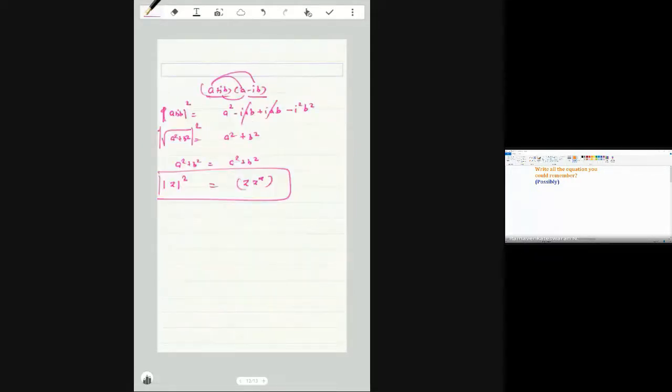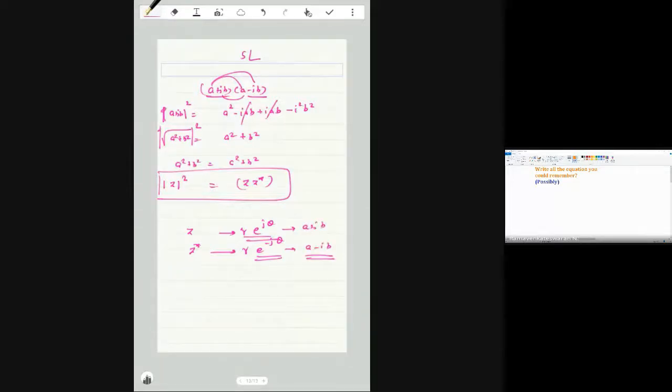For the polar format, let us take a value like r into e power j theta, that is a polar format. This is one complex number in the polar format. So what is the conjugate? The magnitude will be as it is, and only minus j theta will be there. Okay, this is same like a plus ib and a minus ib.